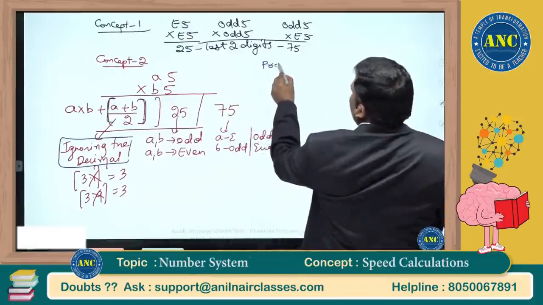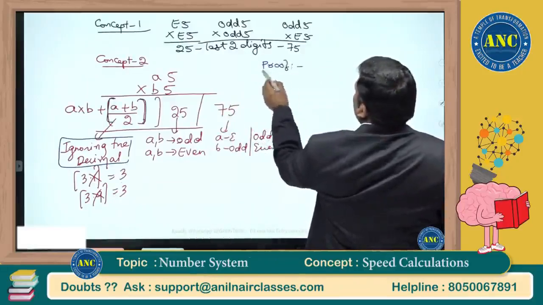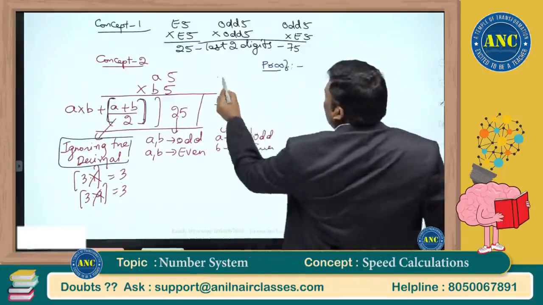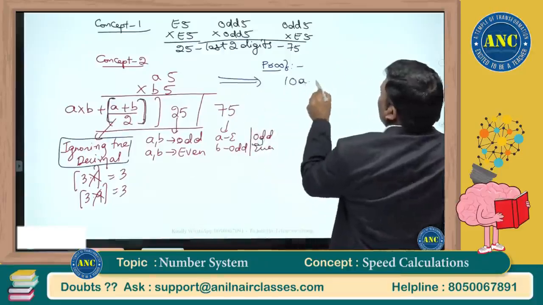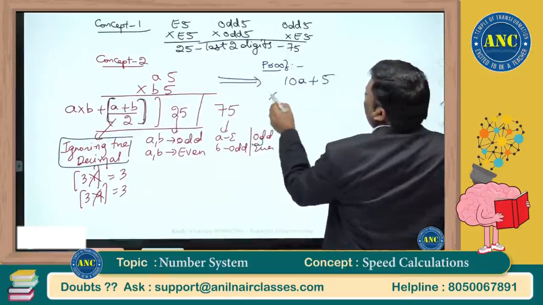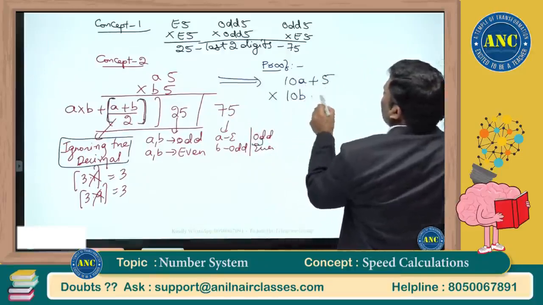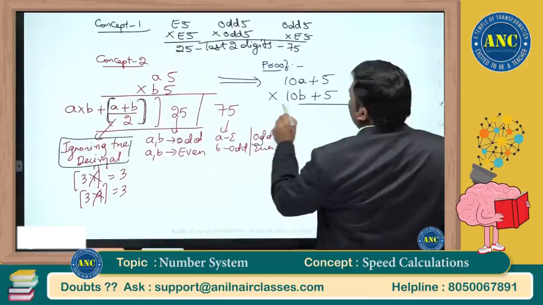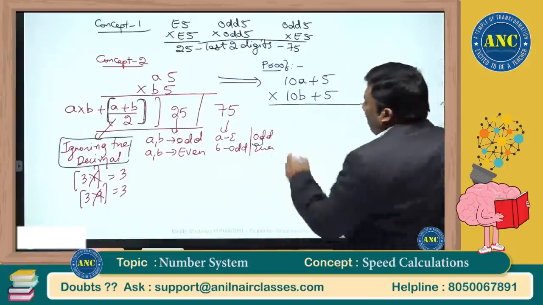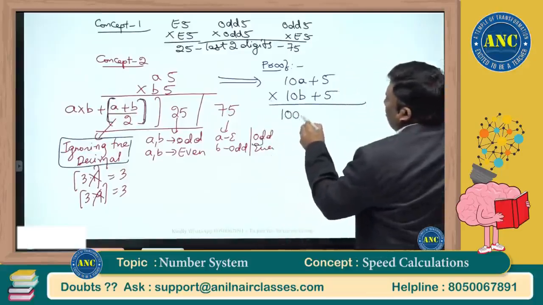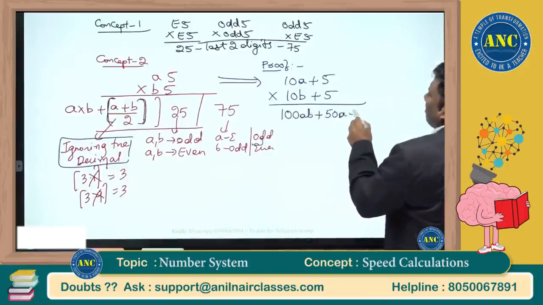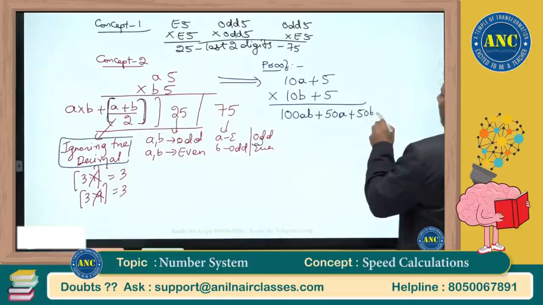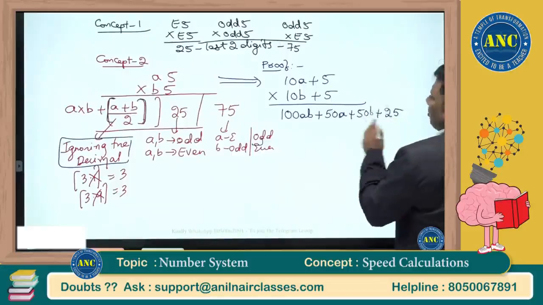Proof. How did you get this concept? A is in the tens place, so this can be written as 10a plus 5. B is in the tens place, which is 10b plus 5. Multiplying: 10a into 10b, which is 100ab, plus 50a, plus 50b, plus 25.